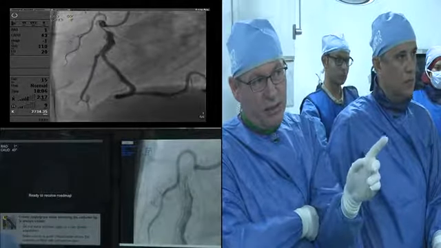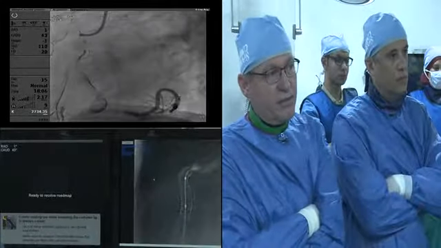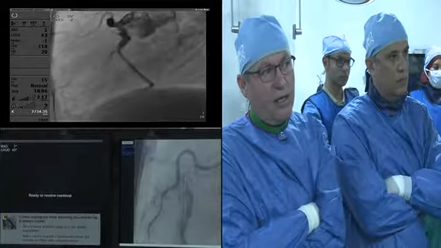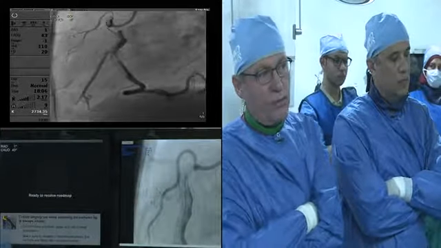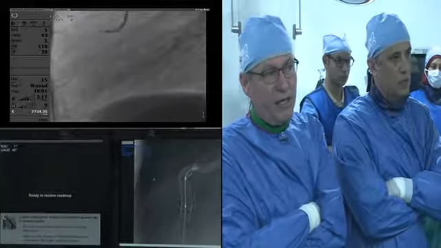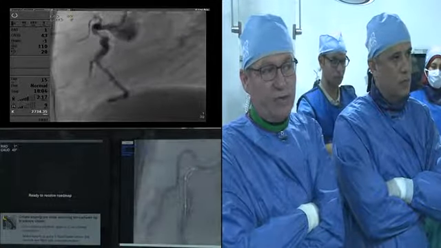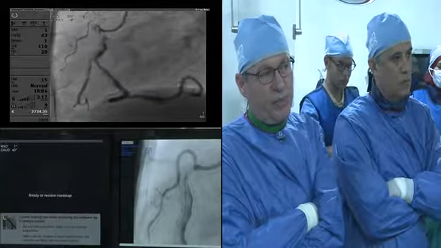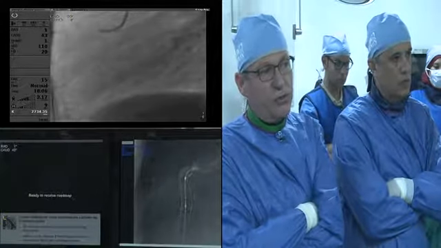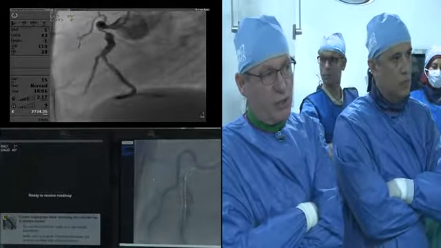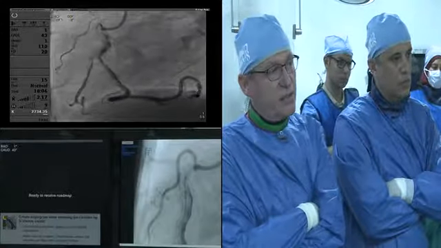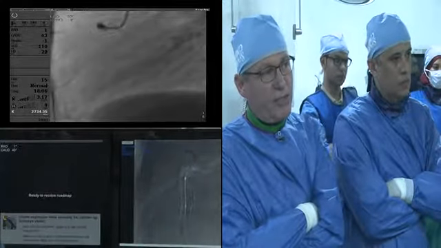The proximal lesion is definitely highly significant. What we discussed was the mid part of the RCA and the role of fractional flow reserve measurement, but after that we decided not to measure after fixing the proximal lesion and to fix both lesions at the same time.